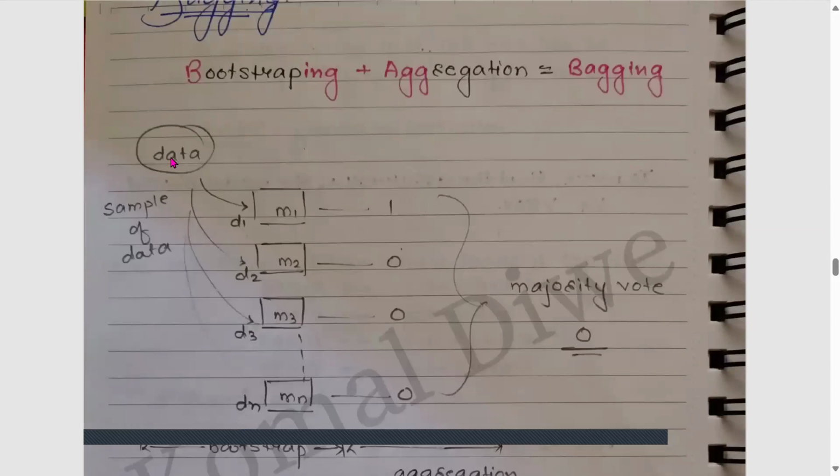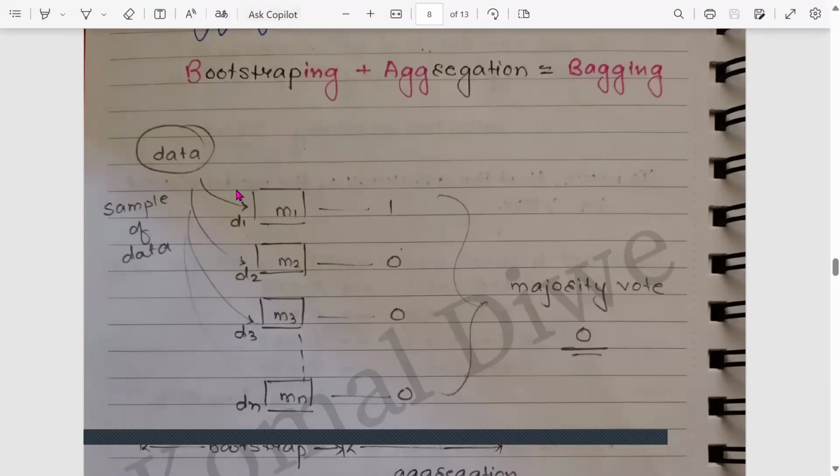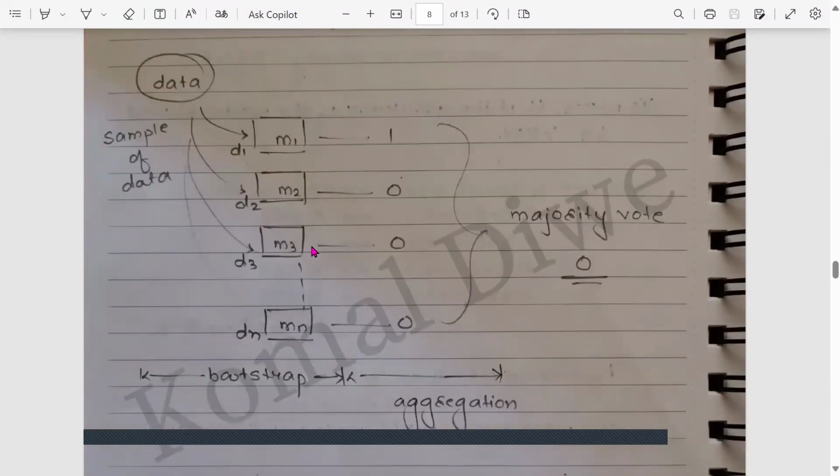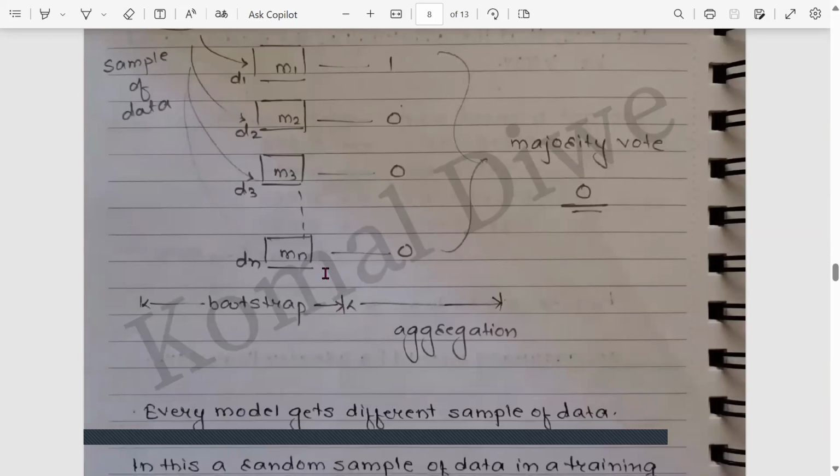Now, this is the data sample of data, D1, D2. Here we have different models plus different subsets of data. Here M1 model data D1, M2 model data D2, M3 model data D3, MN model data DN.